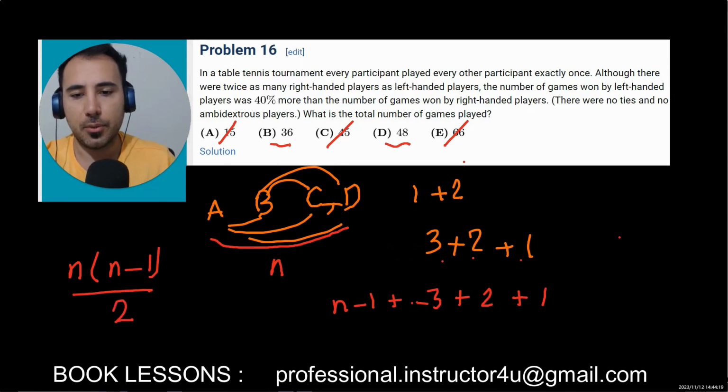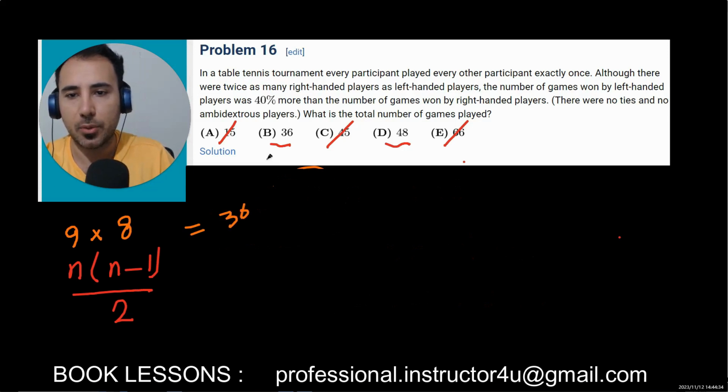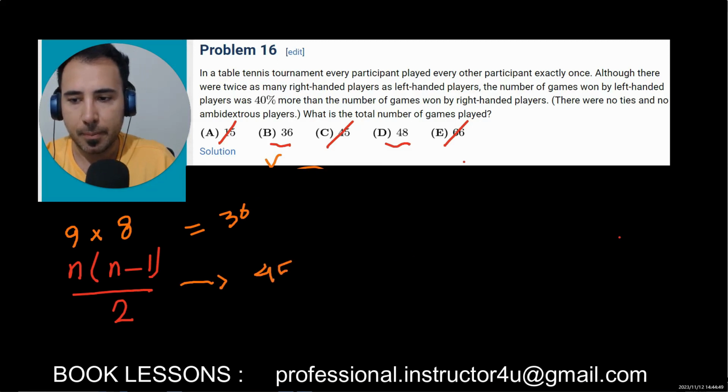Now which one will follow this formula? For example, if we have 9 participants, it will be 9 times 8 divided by 2, which is 36. This one is okay. If we have 10 players, it will be 45, but this is already out.